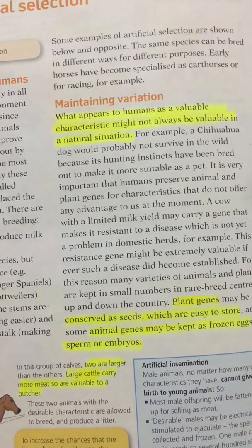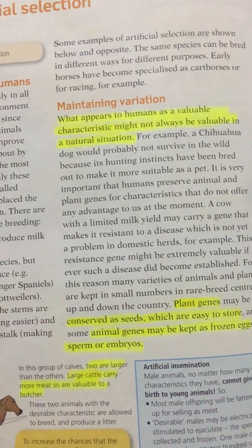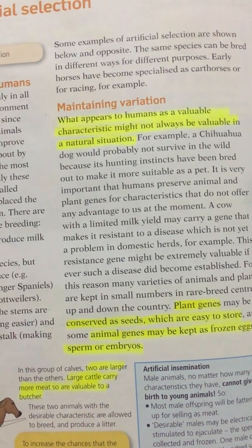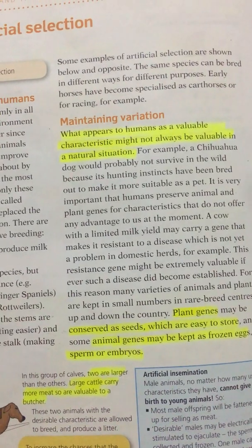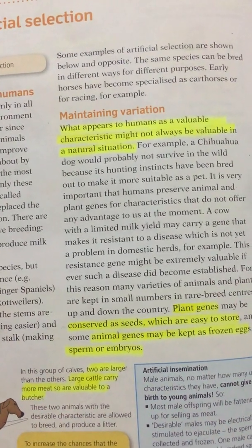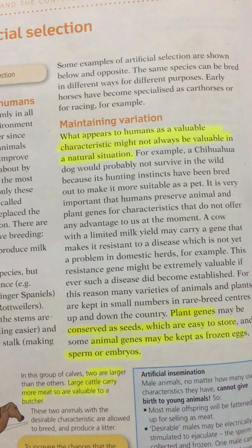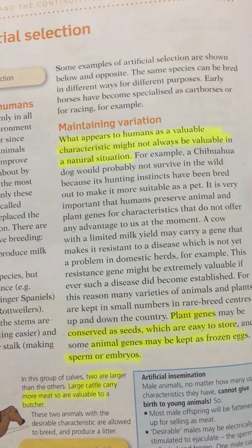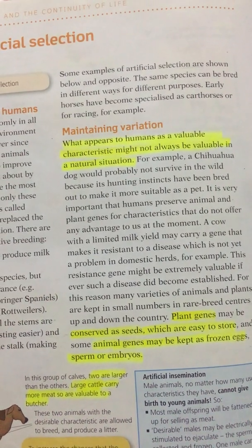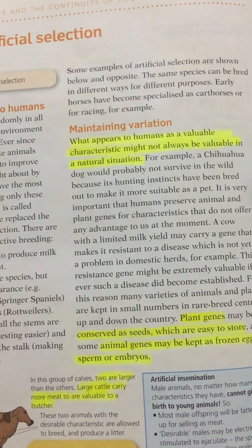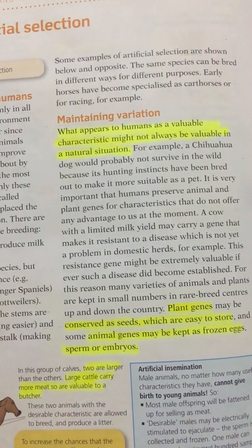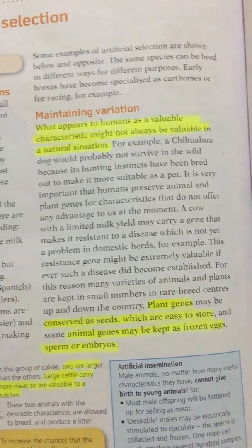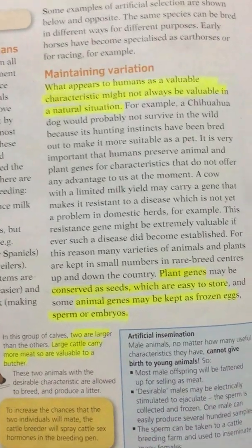So not all characteristics that are valuable for humans are valuable for the natural situation. We have a difference between what is valuable to humans and to the natural environment.